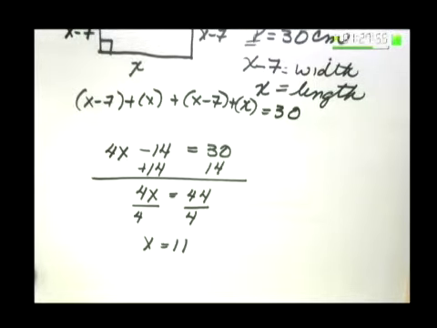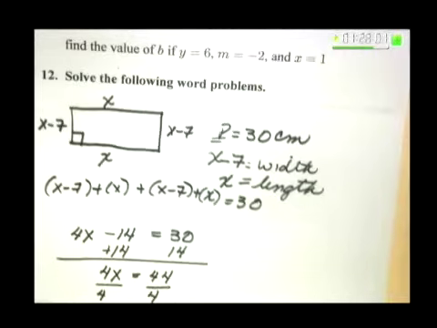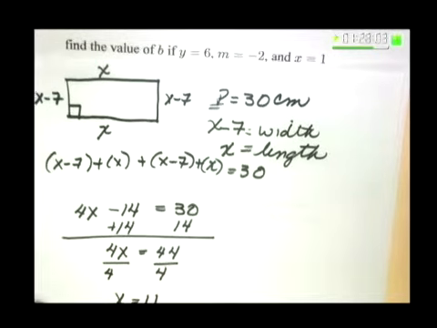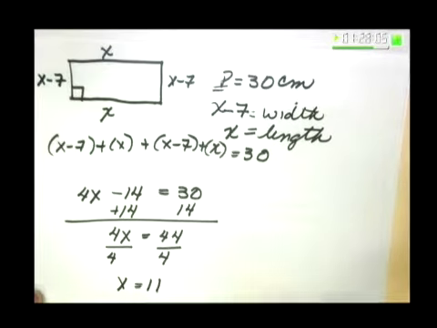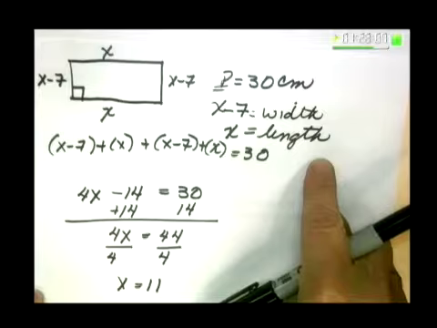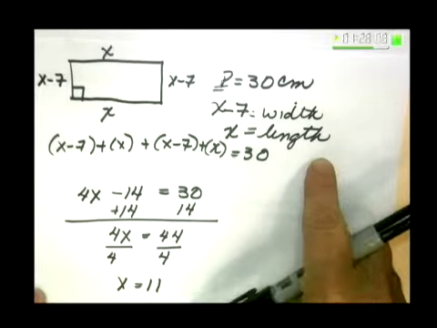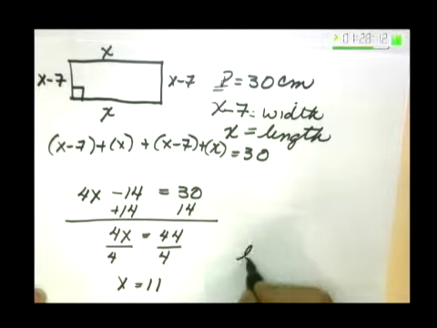Now, I'm not finished with the problem. I've solved an equation. I've solved an equation for x. So now I have to go back to the problem and say, what does x represent? X represents the length of the rectangle.